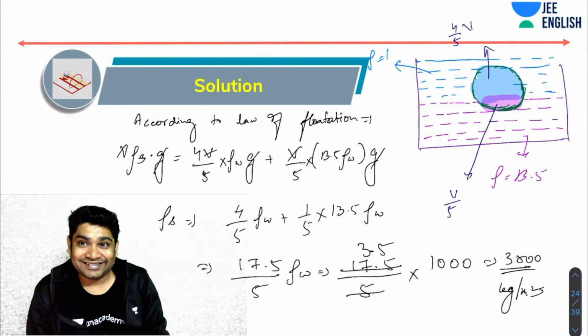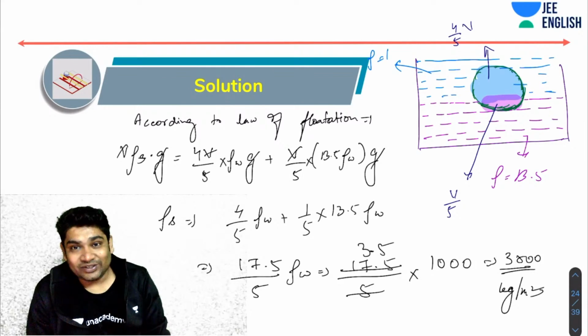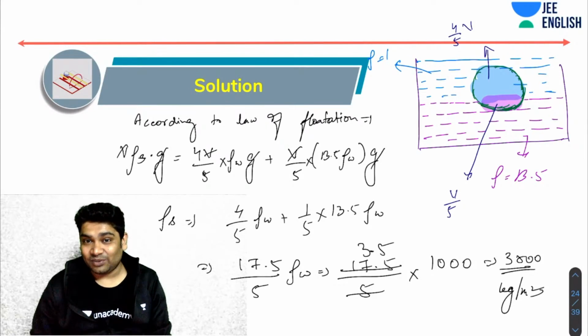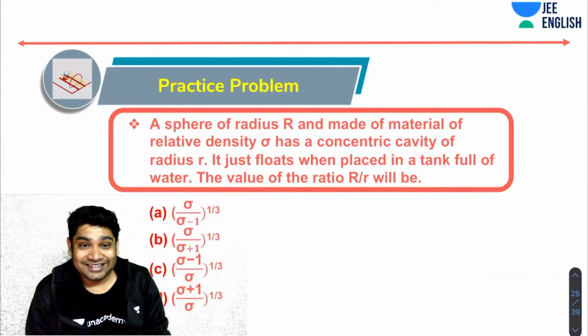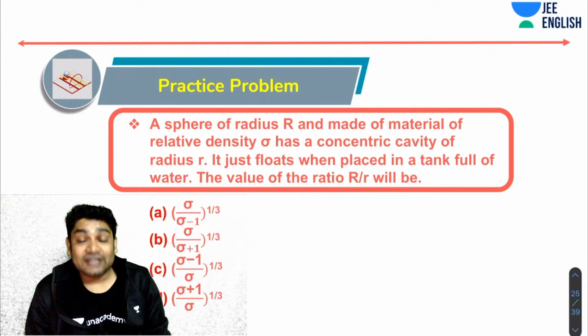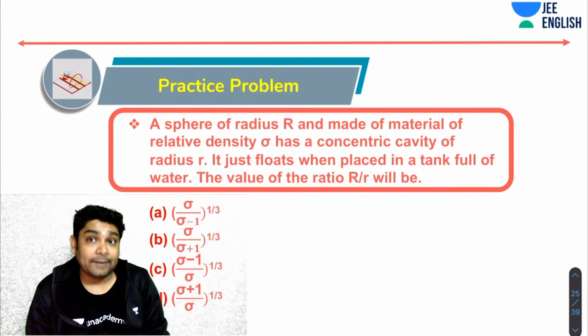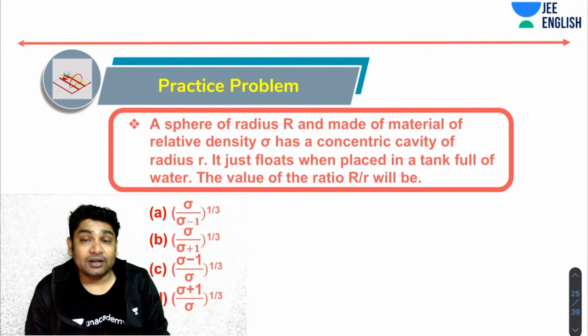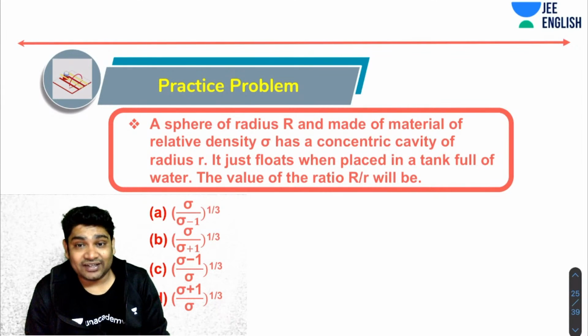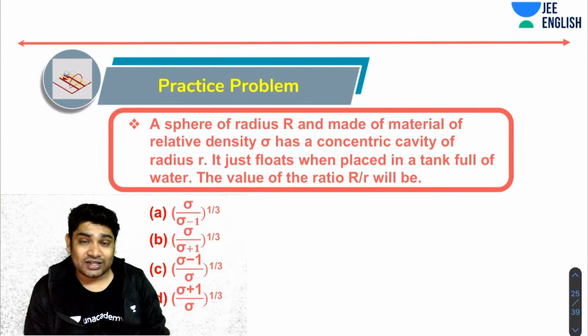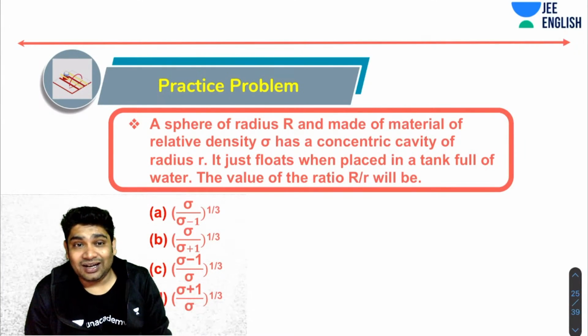All right. Now with that, let's move on to the next problem, if there are no other doubts. The next question is like this. A sphere of radius capital R, made of material of relative density sigma, has a concentric cavity of radius small r. Again, this is a very standard question. I am trying to discuss the standard questions on this topic which you need to at least know.